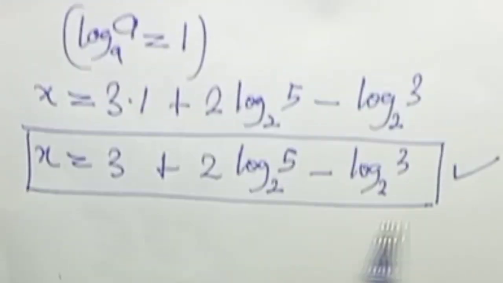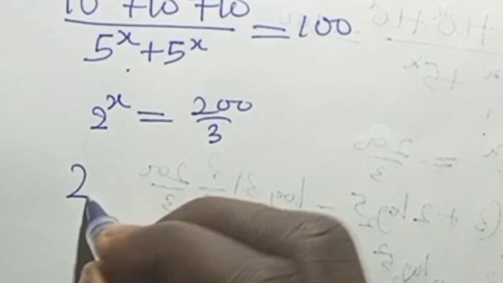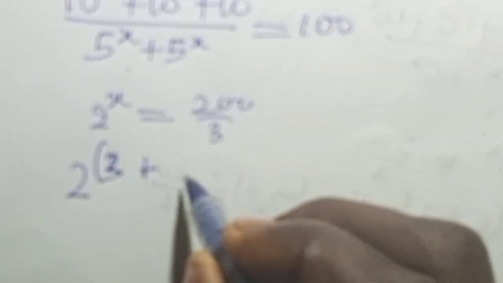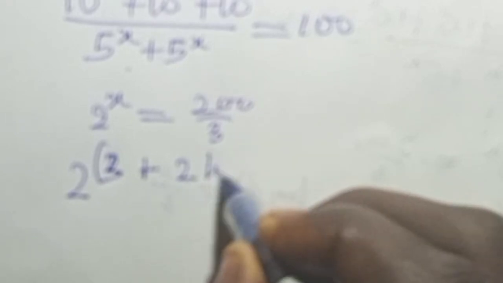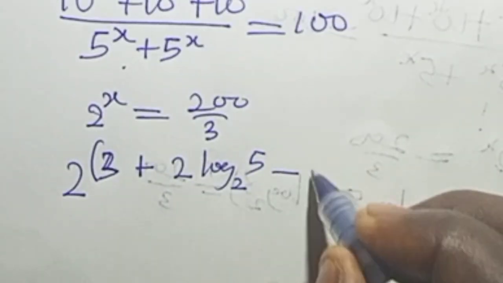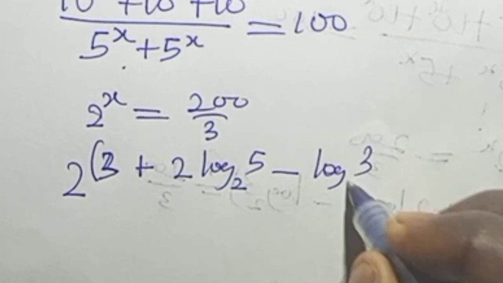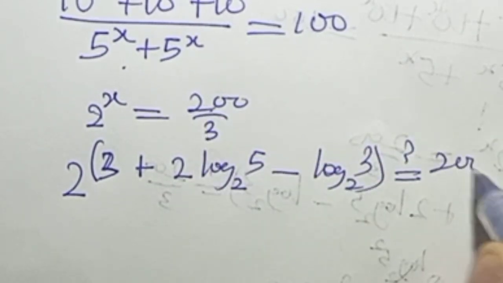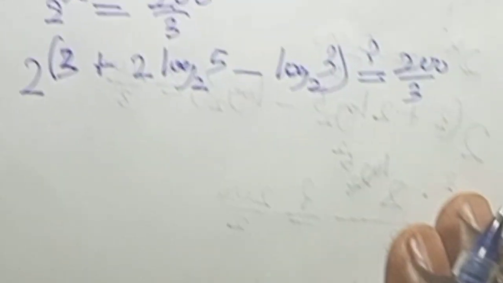So in place of x, we substitute this value, and our 2^x becomes 2^(3 plus 2 log 5 base 2 minus log 3 base 2). Is it equal to 200 over 3?